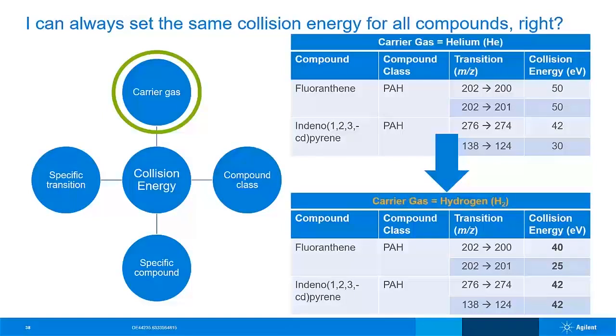So are these differences in collision energy a problem or something to be concerned about? No. It's just a reminder that to get your best MRM acquisition results, you need to optimize the collision energies when you introduce new compounds to analysis or change something in the analysis, either in the mass spec or to your carrier gas.